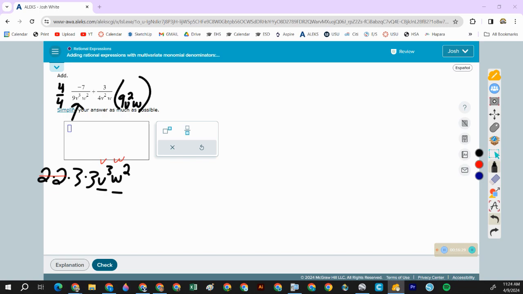Okay? So 9v squared w. And now I can just write it all over. So 2 times 2 is 4, times 3 is 12, times 3 is 36. 36 v to the third w squared.